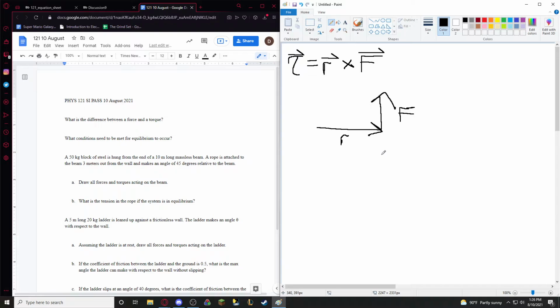It's in or out. Exactly, in or out of the page. And so, what direction would it be in for this example? How would we find the direction of the torque? Wouldn't we just draw a line from the end of R to the tip of F?